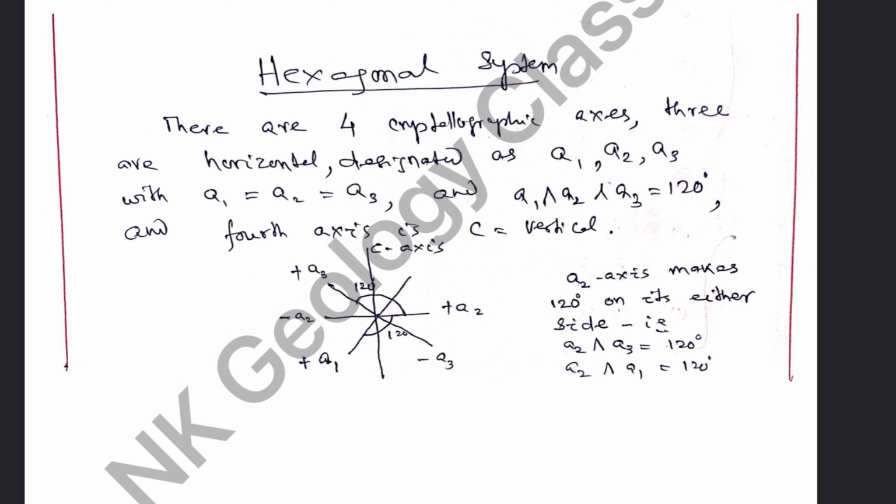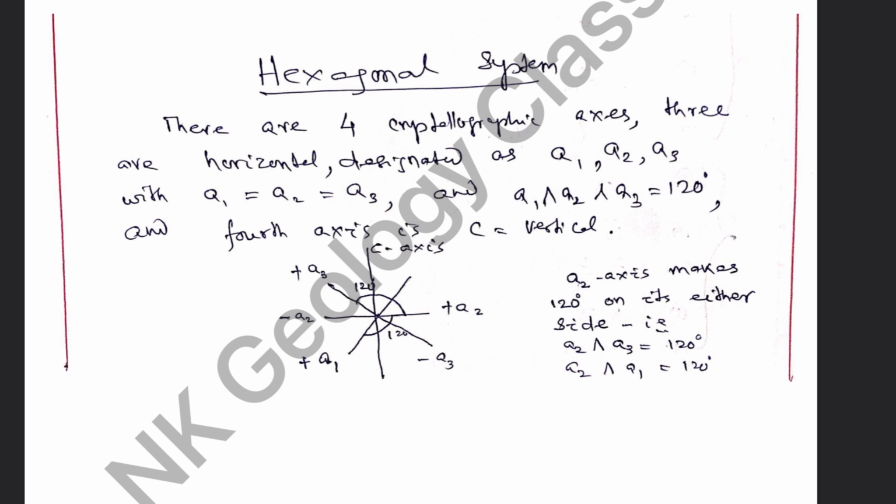There are two other systems which are left. They are the hexagonal system and the cubic system. Let me discuss the various classes of the hexagonal system.